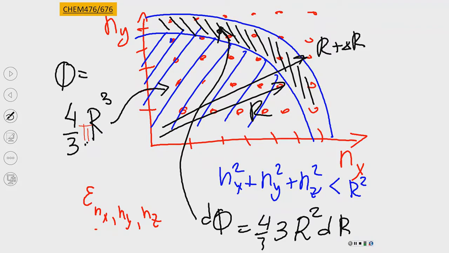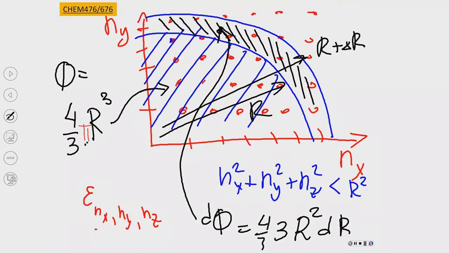So area is always second power. Length is first power, area is second power, volume is third power. So it should be r squared. Right? Everyone agrees. And volume is 4/3 pi r cubed.